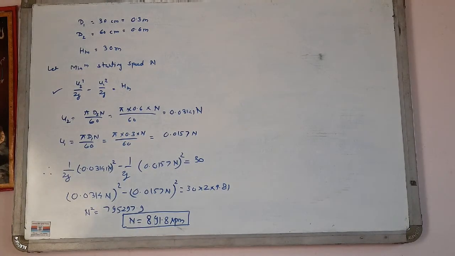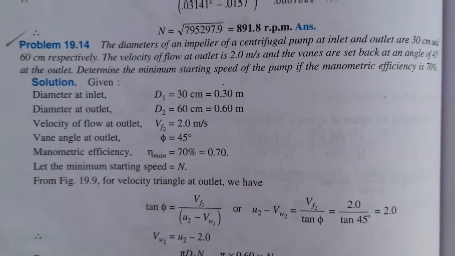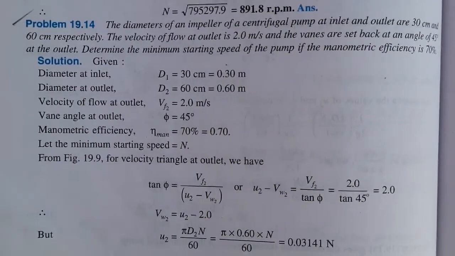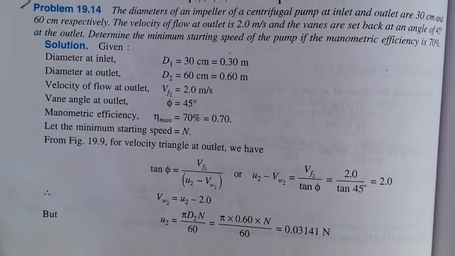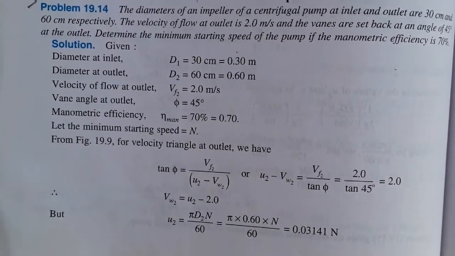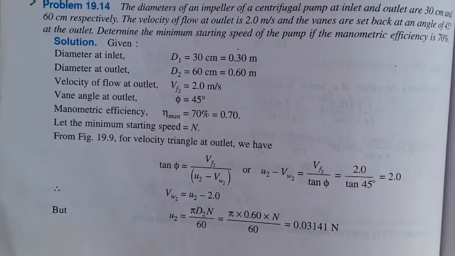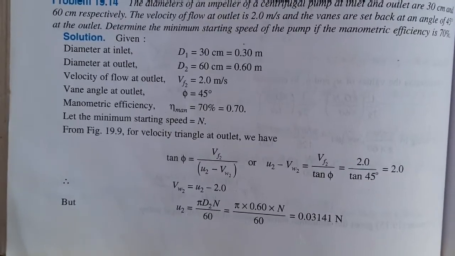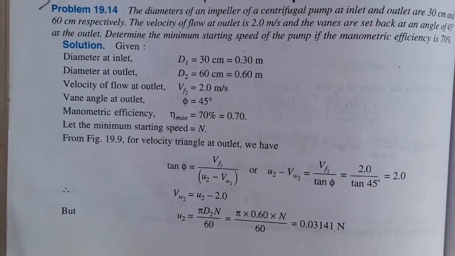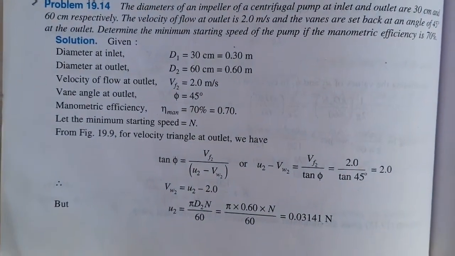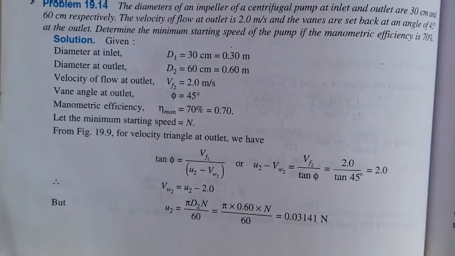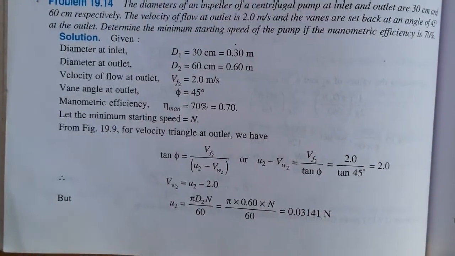Okay, we will take one more numerical. The diameter of an impeller of a centrifugal pump at inlet and outlet are 30 cm and 60 cm respectively. The velocity of flow at outlet is 2 meter per second and the vanes are set back at an angle of 45 degree at outlet.